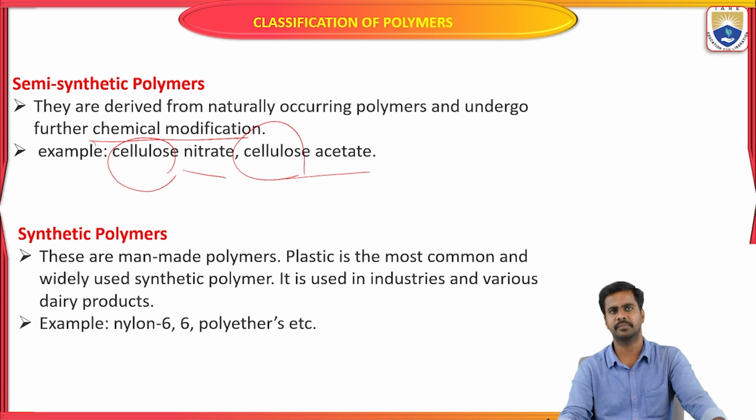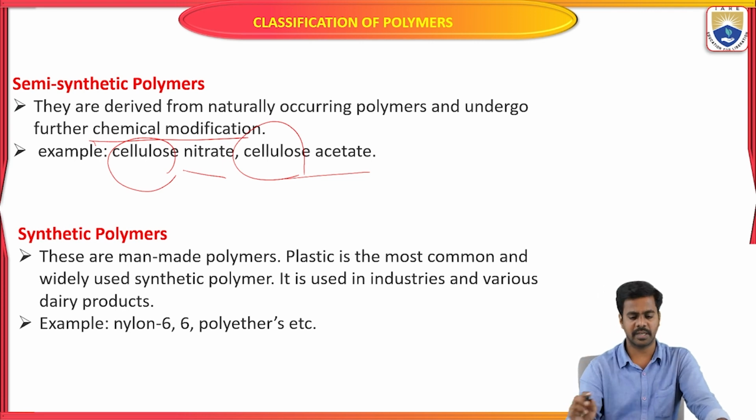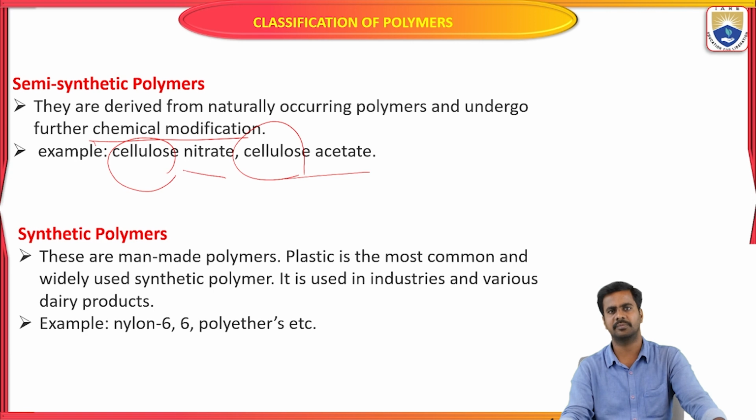That's why cellulose nitrate and cellulose acetate are considered examples of semi-synthetic polymers. So semi-synthetic polymers are nothing but those natural polymers in which chemical modification takes place by the addition of certain chemicals.